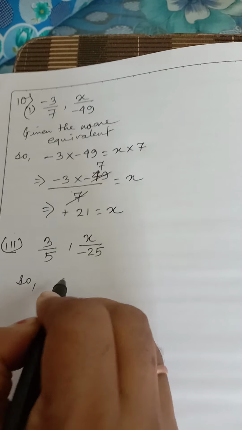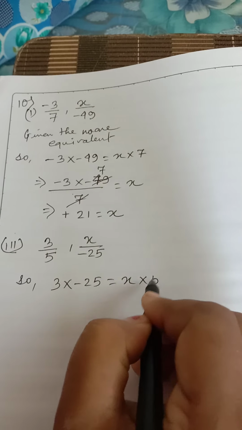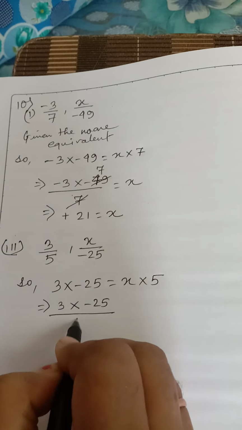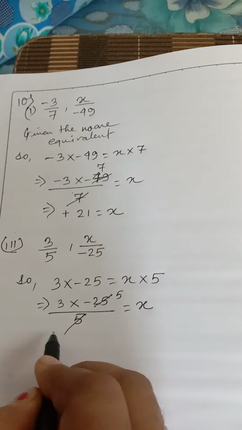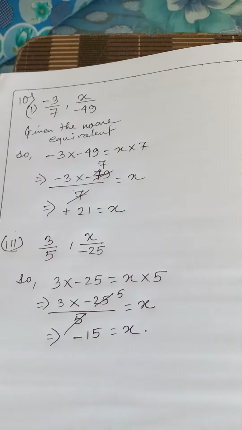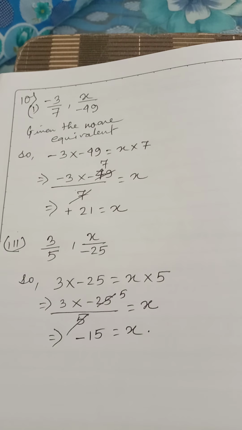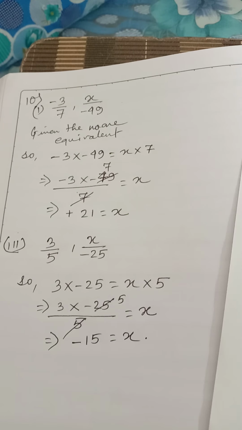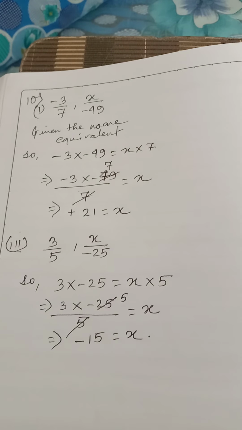So we can write 3 into minus 25 is equal to x into 5, or 3 into minus 25 divided by 5 is equal to x. 5 5s are 25, so we are getting minus 15 is equal to x. This is the answer of question number 3. So like that you have to finish question number 10. For today you just leave it up to here. If there is any doubt, you can ask me in tomorrow's live class. Keep practicing this. Thank you.